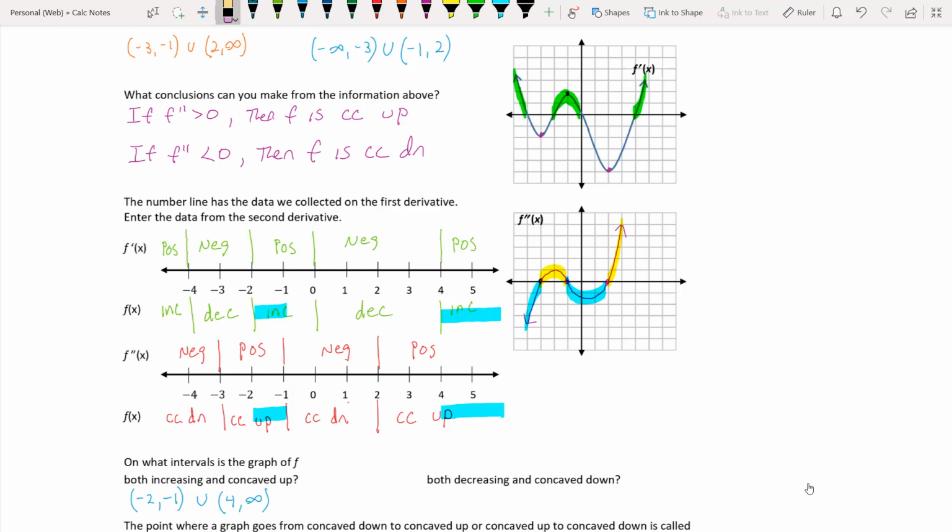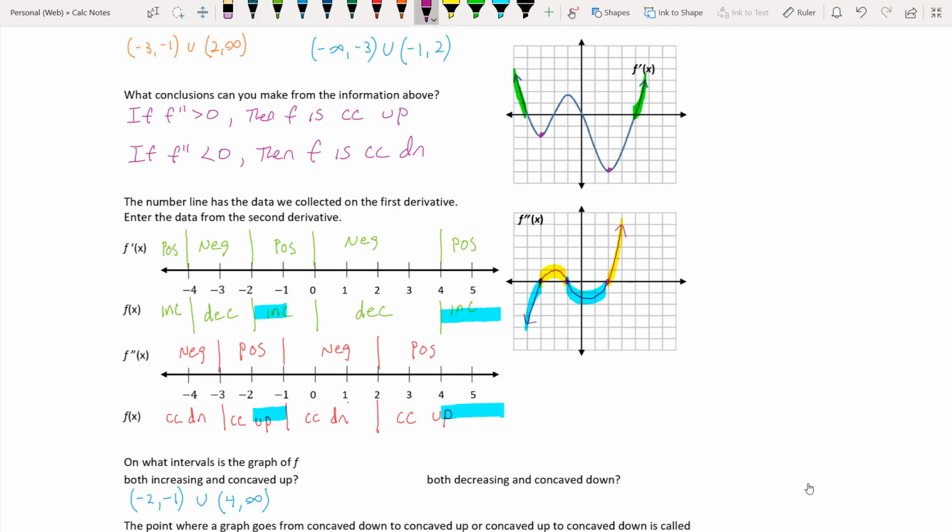So if we look at those intervals on f of x, negative 2 to negative 1. I'm going to do a little bit of erasing here. If I look at just negative 2 to negative 1, look at what's happening in here. I'm increasing. Did I do that right? Oh, I'm looking at the derivative graph here.